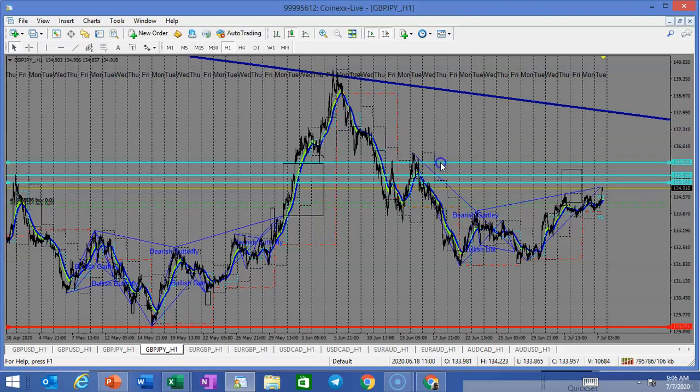Yeah, 135.90. So I'd be looking to hit those levels, and then you can see price action has respected these levels to do some type of retracement, and continuation or not, right?